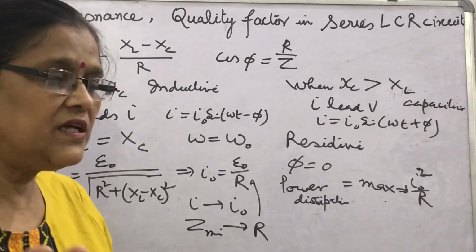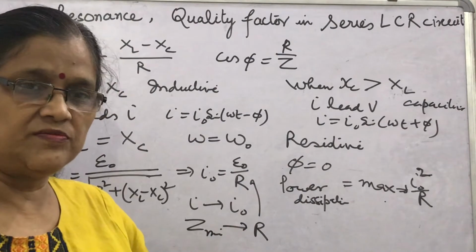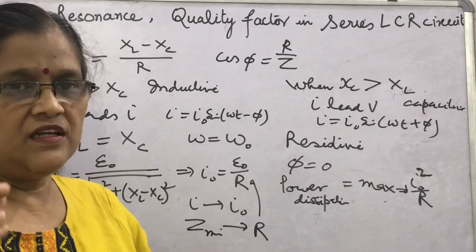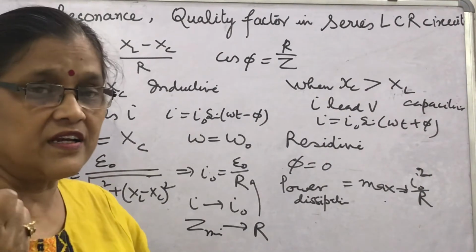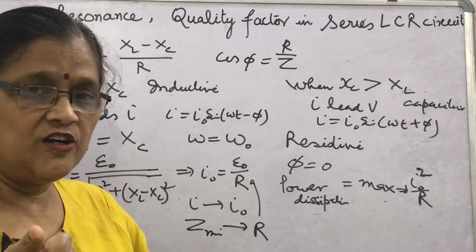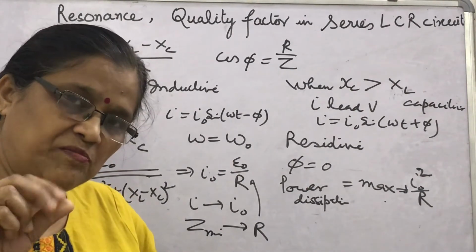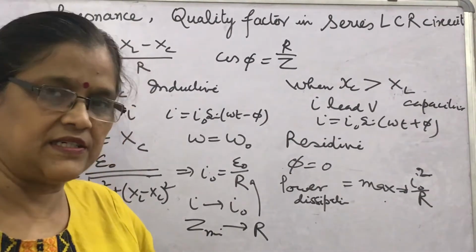What happens in the tuning mechanism? Let's understand. In a radio or in a television, there is an LC circuit, an LCR circuit. What happens in tuning? We change, by rotating the knob, the value of capacitance in the set.